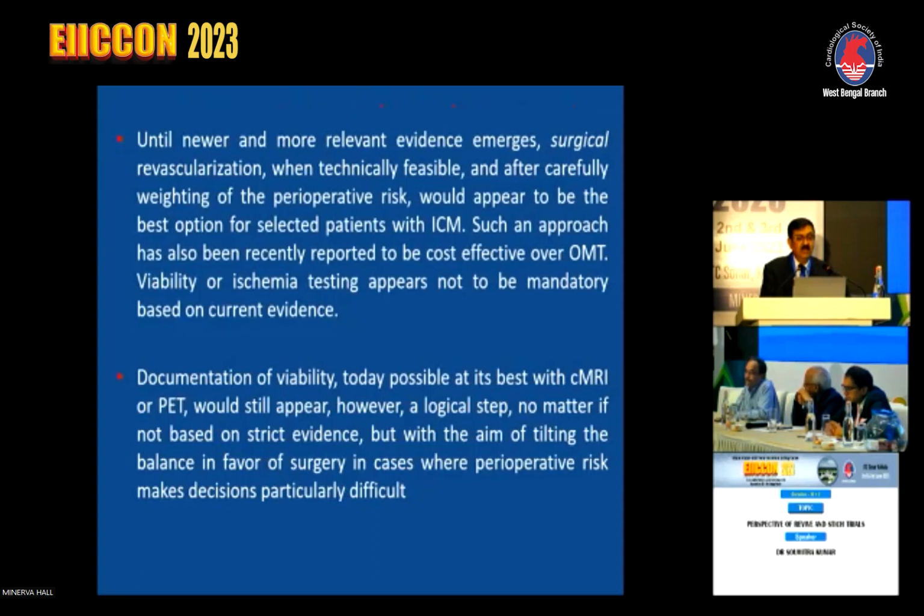Viability or ischemia testing appears not to be mandatory based on current evidence. Documentation of viability, today possible at its best with CMRI or PET, would, please note, still appear a logical step, even if not based on strict evidence, with the aim of tilting the balance in favor of surgery in cases where perioperative risk makes the decision particularly difficult.